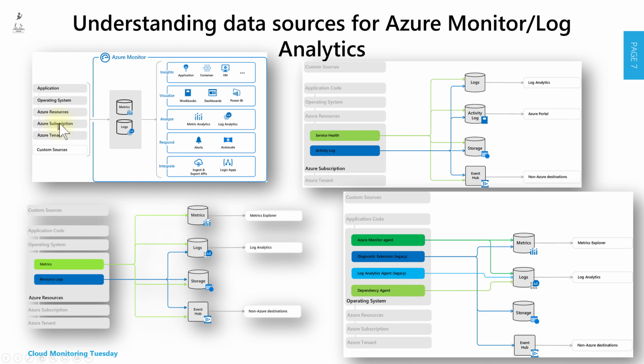We have the subscription level, which we already discussed, like activity logs, etc. Service health. We have the Azure resource, which is like what or how Azure can see these objects. We have the operating system guest solution, and how inside, what happened inside the operating system or inside the service, and what happened inside the selected application, right?